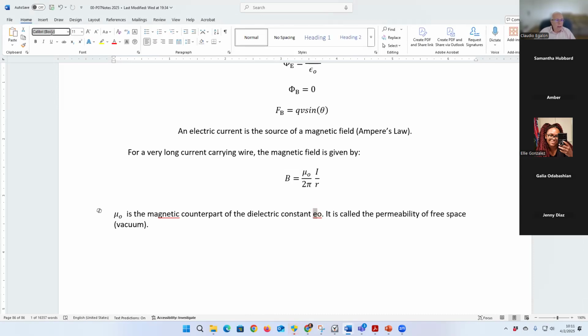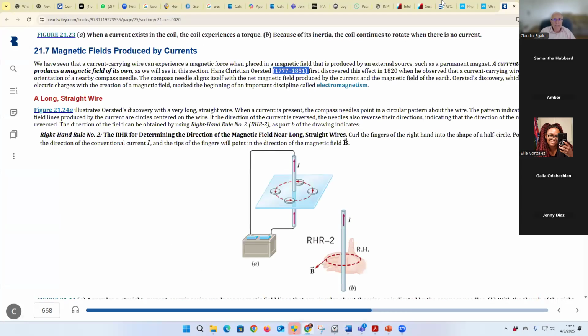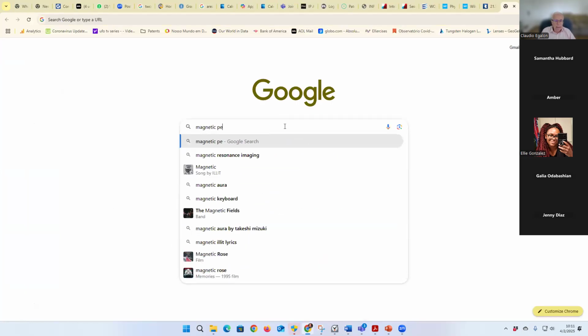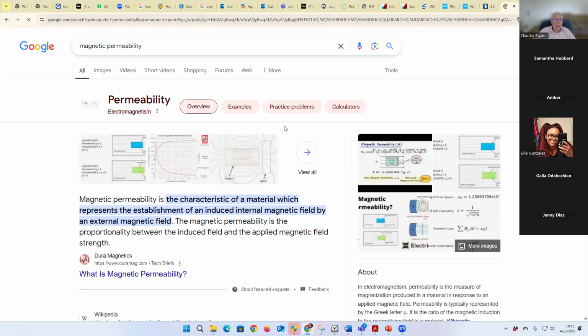And I'm going to give you the value of this constant. It is the magnetic permeability. Okay, magnetic permeability. That's the name of this constant.